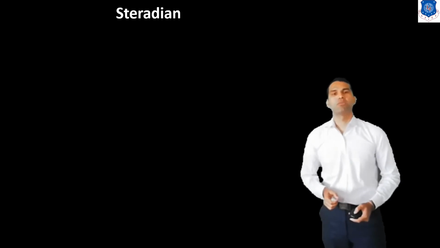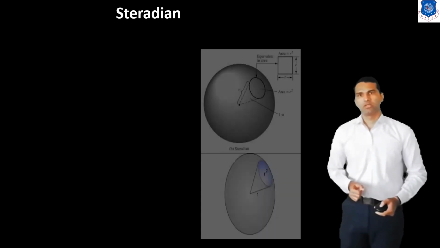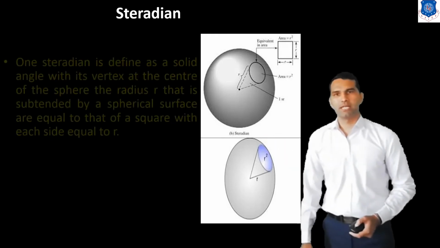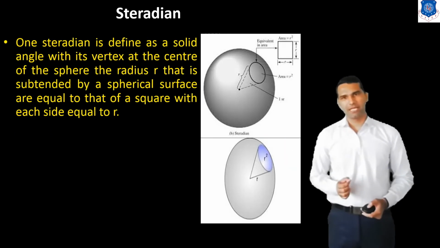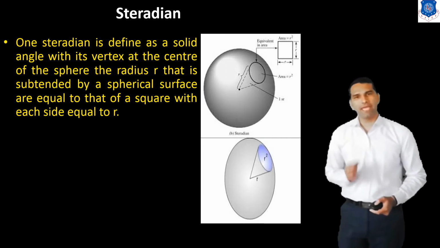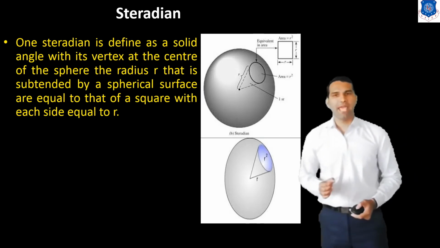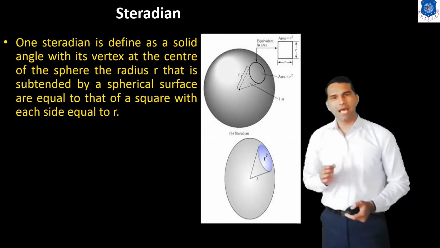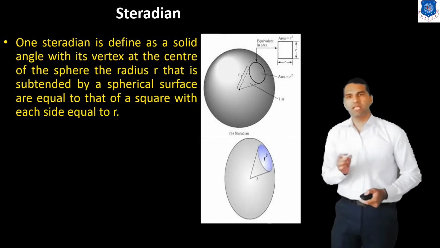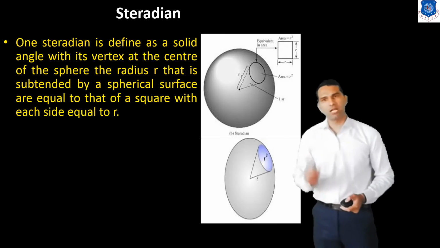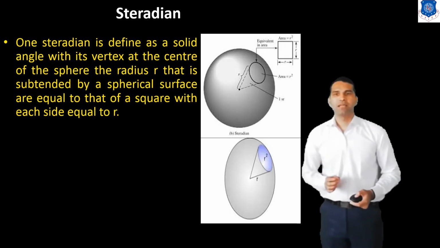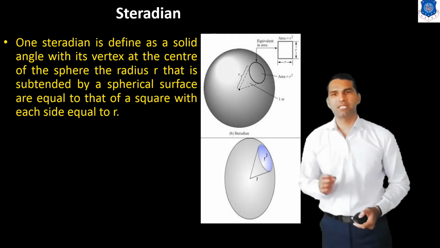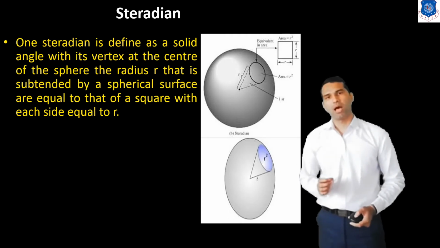Now we discuss the steradian. This is the figure to understand the steradian. One steradian is defined as a solid angle with its vertex at the center of a sphere of radius r that is subtended by a spherical surface area equal to that of a square with each side equal to r.